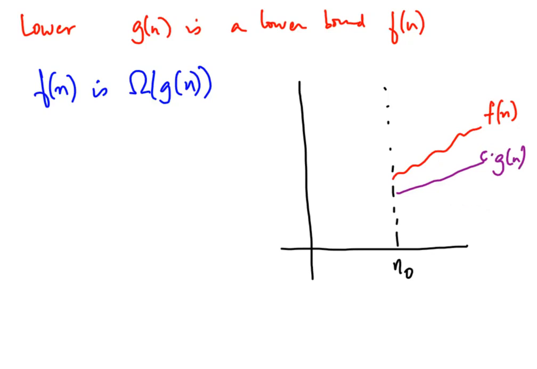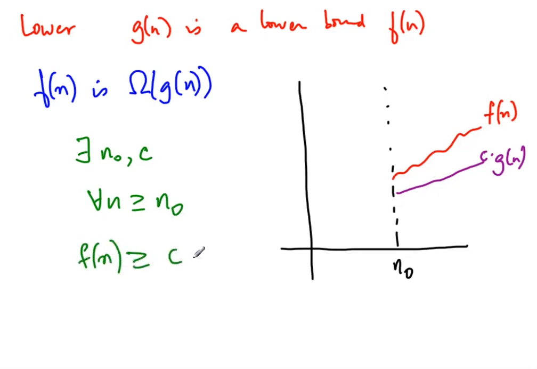So here we have a kind of symmetric definition. We say that there exists n0, and there exists a constant c such that for every n which is bigger than n0, we have f of n is bigger than or equal to c times g of n. Right? So this says that c times g of n lies below f of n, so it is a lower bound for f of n. F of n cannot drop below this value.